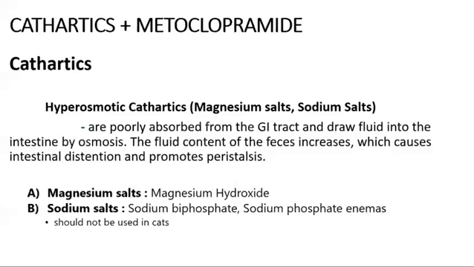Pag lumambot siya, magkakaroon tayo ng intestinal distension. Ano nga ba yung intestinal distension? Mag-i-expand yung intestine natin. Pero syempre, since hindi yun yung actual form ng intestine natin, ang gagawin ng body natin, mag-i-increase siya or magpo-promote siya ng peristalsis para bumalik siya sa dati niyang form. Therefore, magkakaroon tayo ng defecation. So, as I have mentioned earlier, ang examples ng mga ito ay ang magnesium salt and sodium salt.